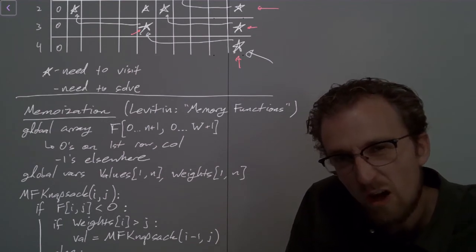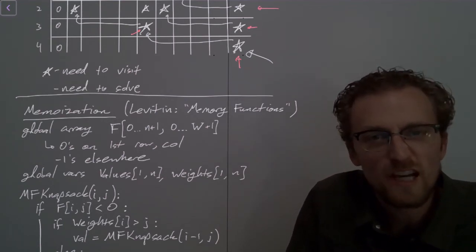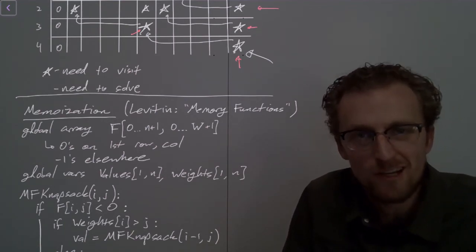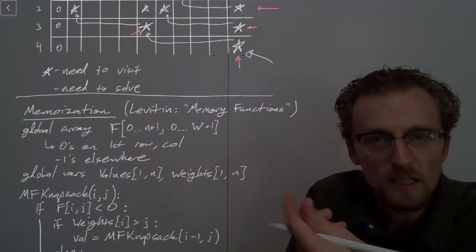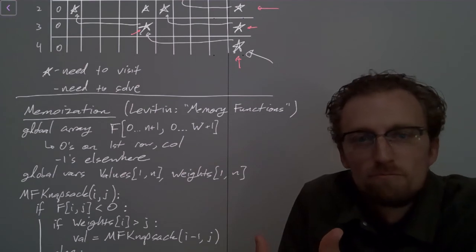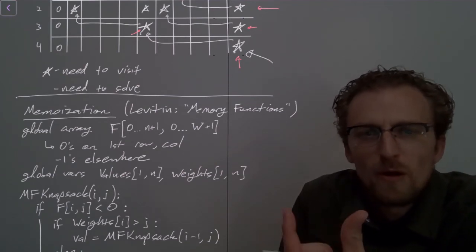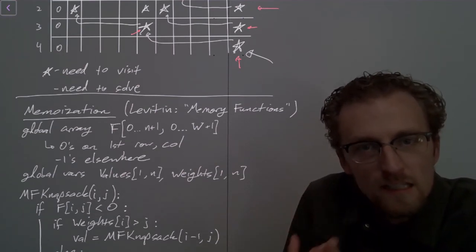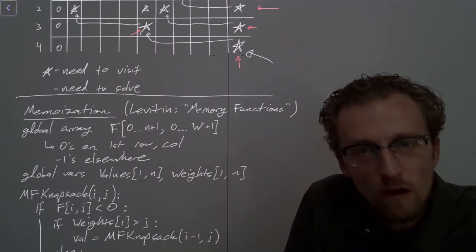So the reason it's called memoization, which always feels like a misspelling of memorization, is that every time we solve a problem, we write a memo to ourselves, memorandum or something to ourselves in the DP table that says, look, now we've solved the problem.